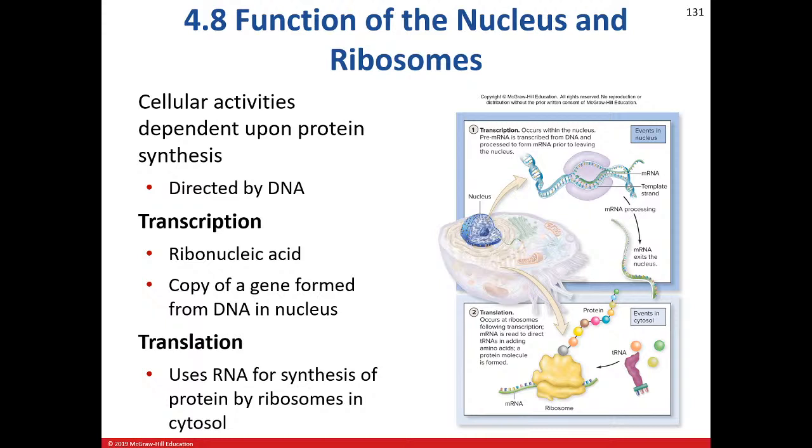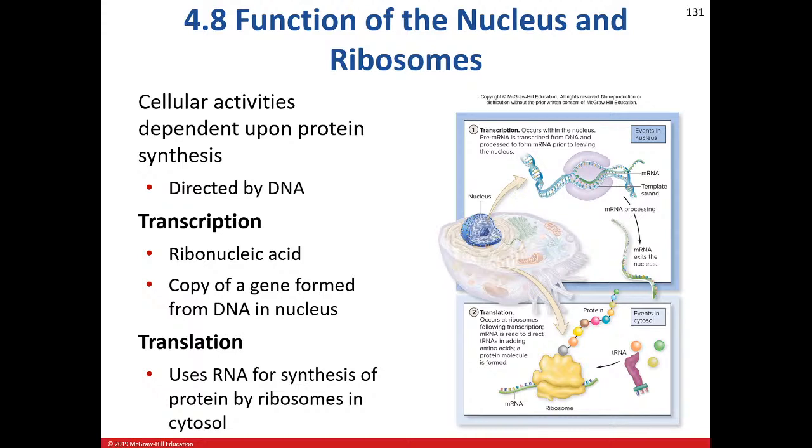So cellular activities are dependent upon protein synthesis, which gets directed by the DNA. And there are two processes here. One is transcription and the other is translation. Transcription is literally where we are transcribing or copying a gene. We copy the DNA gene not in DNA, but with RNA.